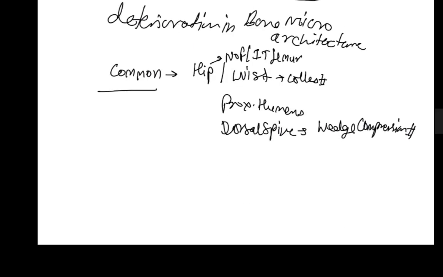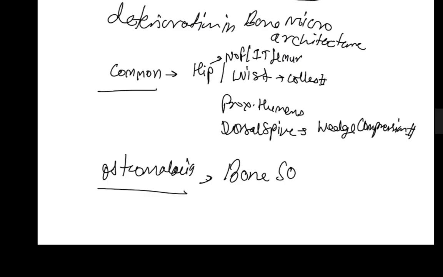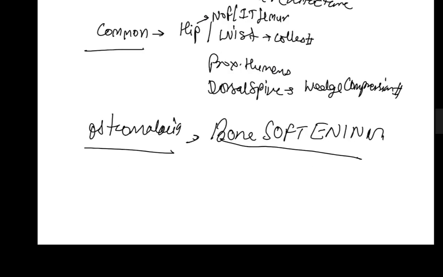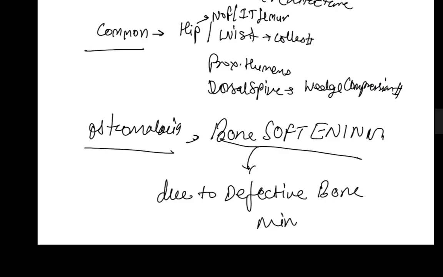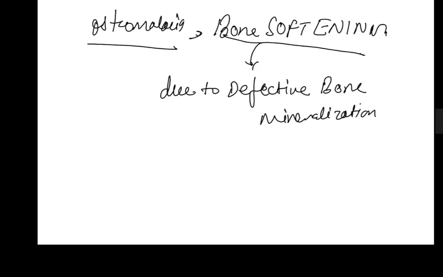In osteomalacia, there is bone softening due to defective bone mineralization. What is the most common cause?